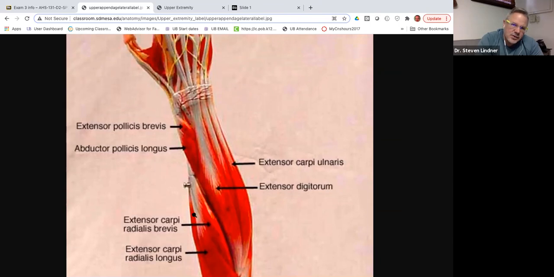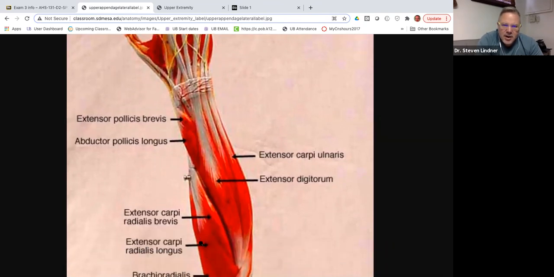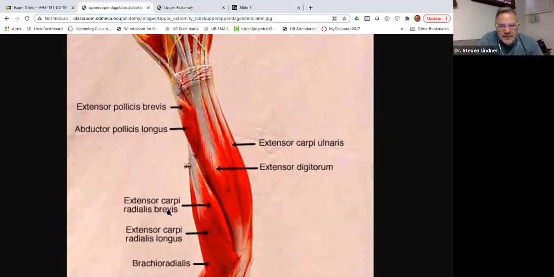The tendons you can't quite see too well from this perspective. Let me say that again, I just want to make sure I get it right.